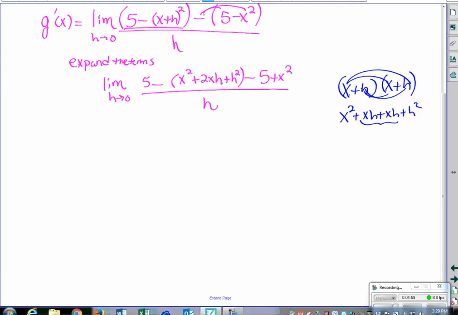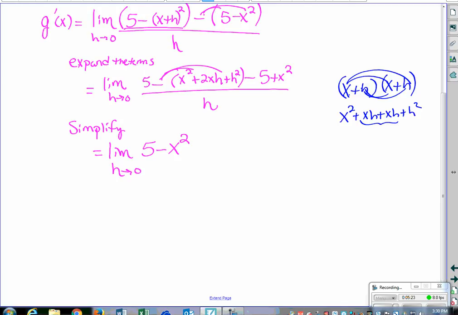My next step is going to be simplifying. I want to simplify my numerator. So the limit, notice how I can continue to write limit over and over because the process that we're interested in is letting h go to 0, not just the algebra work here that we're running through. So I'm going to distribute my negative 3 places.